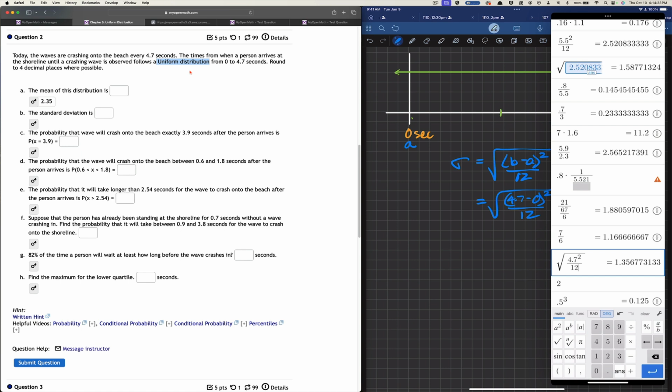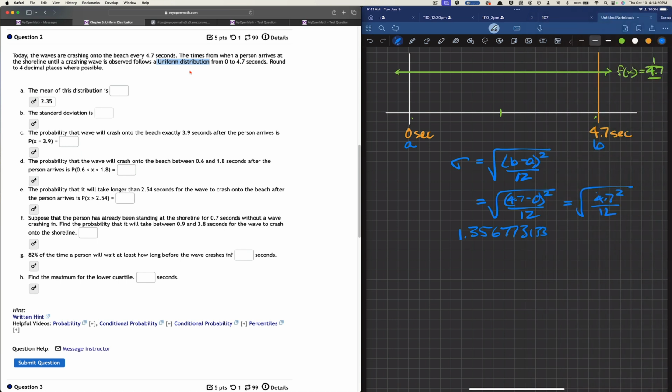And I get 1.356773133, which, rounded to 4 decimal places, is 1.3568. And they do say 4 decimal places where possible, meaning you can. If you can't, because the answer is 1.5 or 2.35, then you don't go to 4 decimal places.